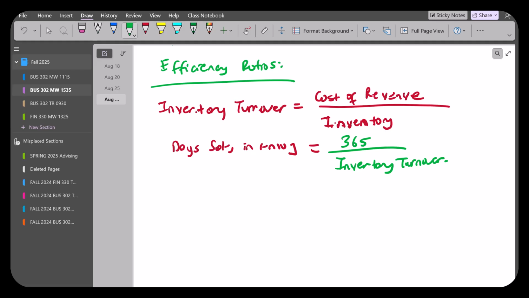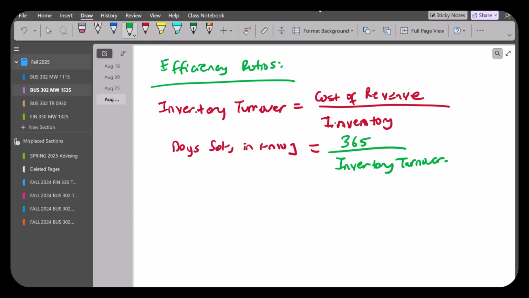Inventory turnover basically tells me how many times on average in a year you are turning your inventory. Days sales in inventory says on average how many days you keep the inventory. I use 365 because the financial statement I have is for 365 days. If you were using 10Qs, you should use the proper number of days.